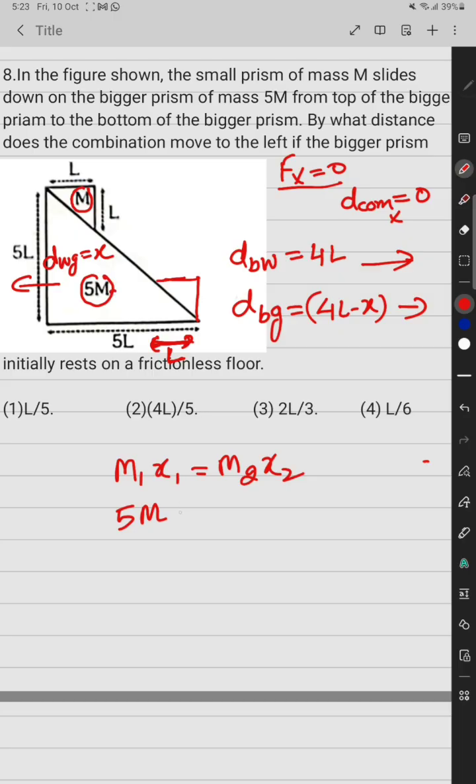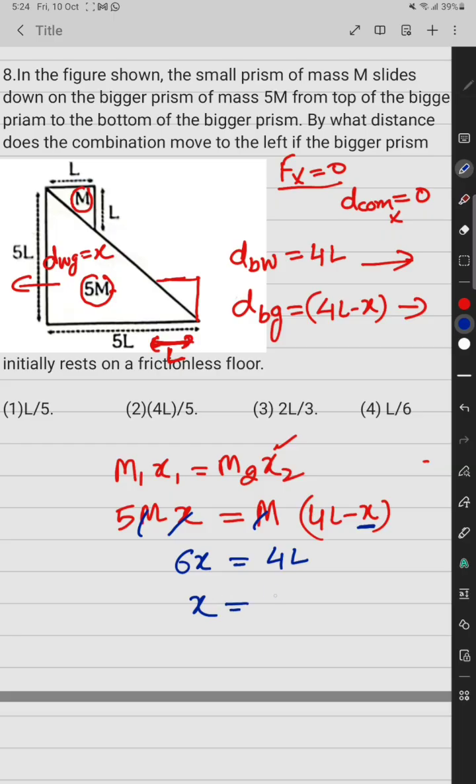and the displacement of the wedge with respect to the ground is x, and the displacement of the block with respect to the ground is, with respect to the wedge 4L, so it is 4L minus x, and the mass of this block is capital M. Then we calculate: m cancels, 5x plus x is 6x equal to 4L.